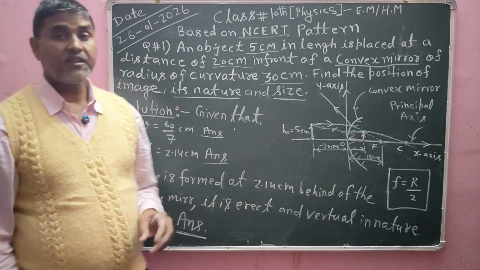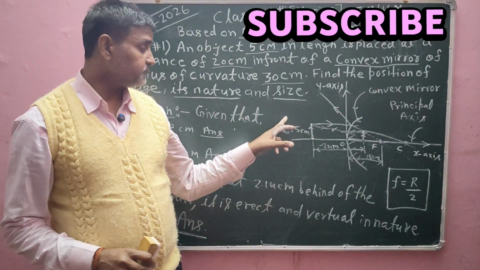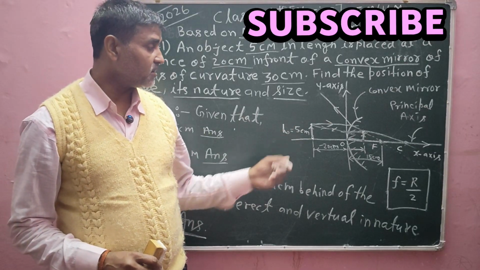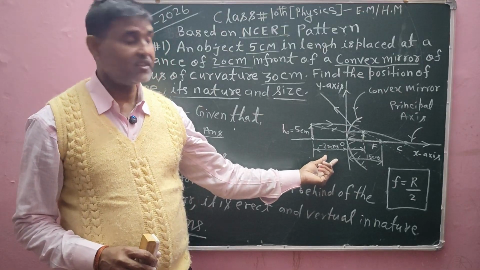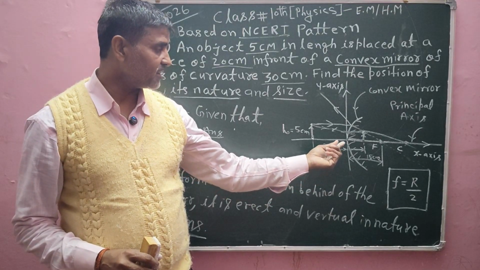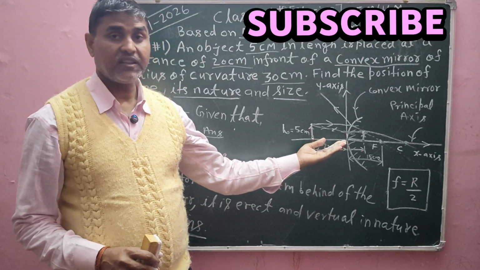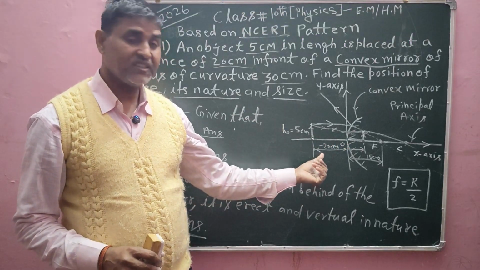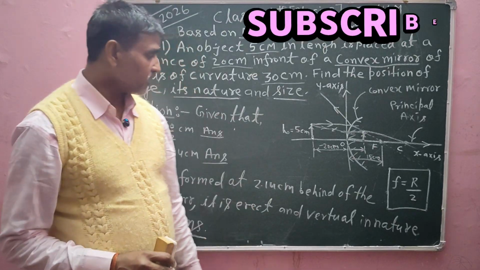Now there is a convex mirror and the height of the object is given in the question, 5 centimeter, and the distance of the object is also given here, 20 centimeter, but I have taken the sign convention from the center of the mirror. On the left hand side I have taken minus sign, and on the right hand side I have considered plus sign. Okay.